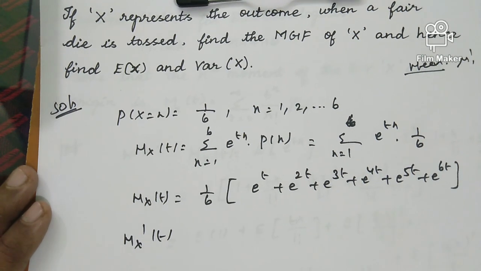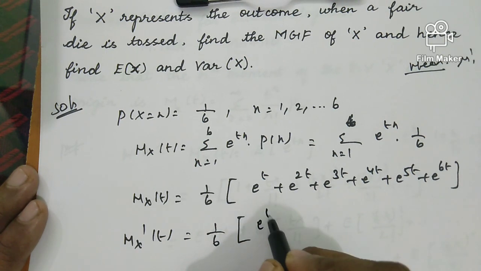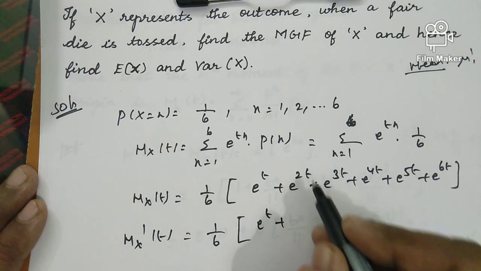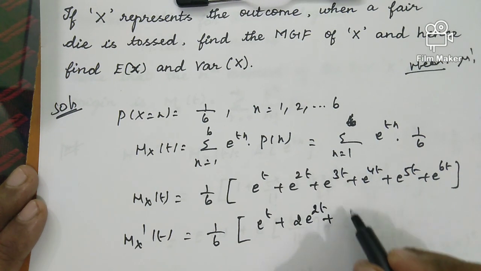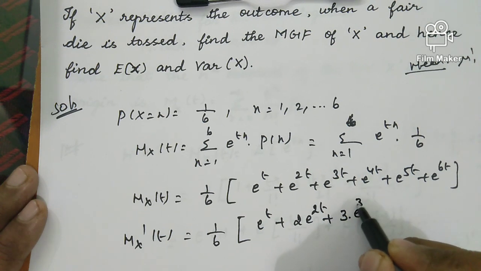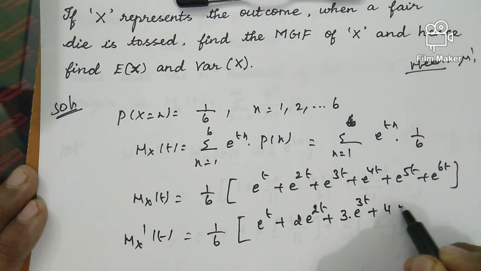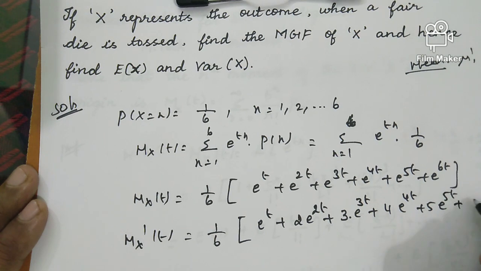So we differentiate this with respect to t. 1 by 6 is a constant, differentiation of e power t is e power t, plus differentiation of e power 2t is e power 2t into 2, so 2 e power 2t, plus 3 e power 3t, plus 4 e power 4t, in the same manner 5 e power 5t plus 6 e power 6t. So this is our first derivative. You can call this equation 1.